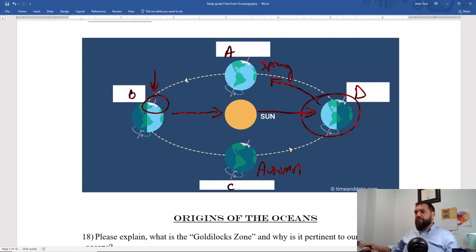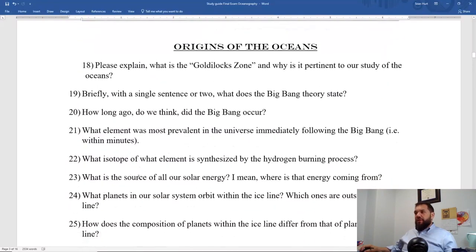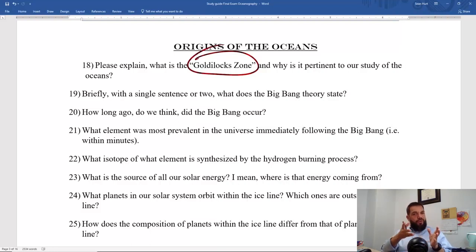Okay. All right, now moving on to the origins of the oceans. This goes back through a little bit of history of the universe, history of the solar system, history of Earth. Gives you a little bit of background to understand where we came from and how the oceans got to where they are. Now, the Goldilocks zone. You know the story of Goldilocks, right?